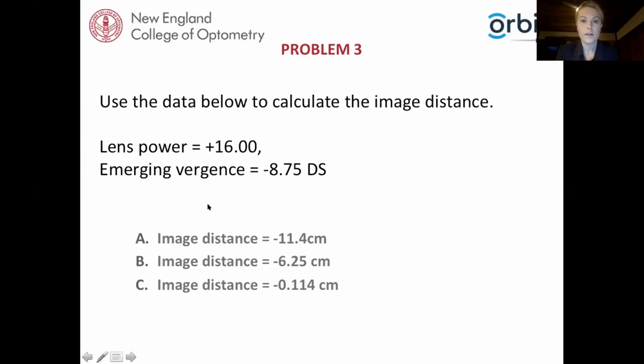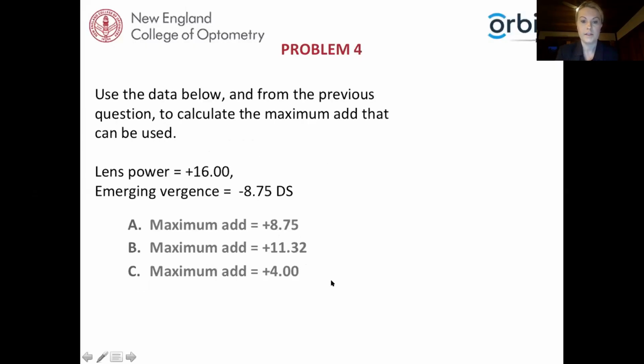For the image distance, let me see if I can draw with my pen.